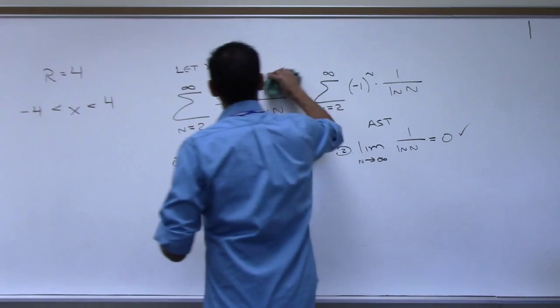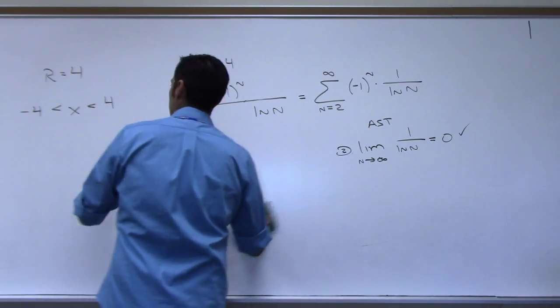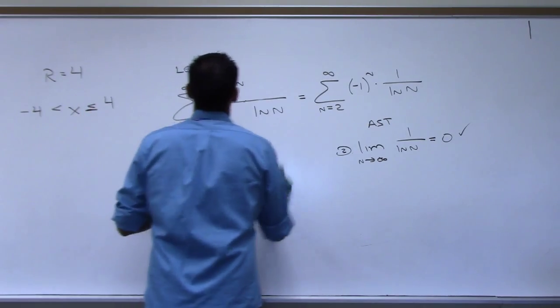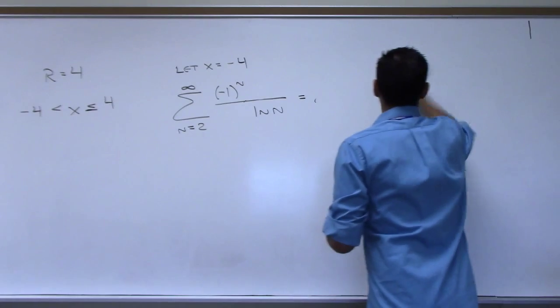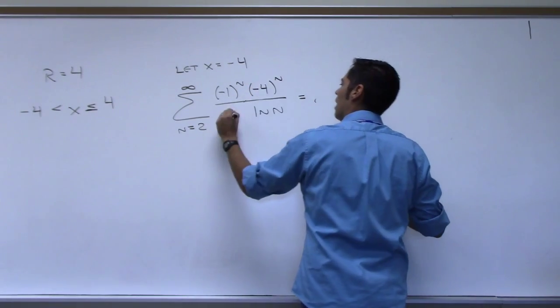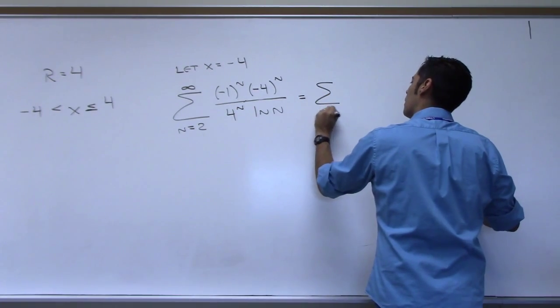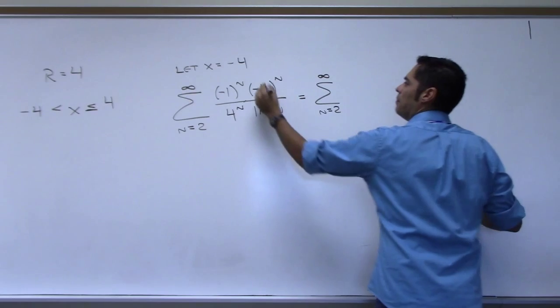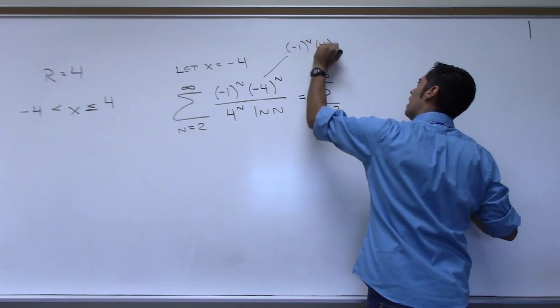Now if x is -4, some things are going to change. So let's try that. So if x is 4, that means I do want to include that. If x is -4, let's see how we change. It becomes up here -4 to the n, and then down here 4 to the n. And so when I redo this sum, I'm going to peel off on this a -1 to the n times 4 to the n.